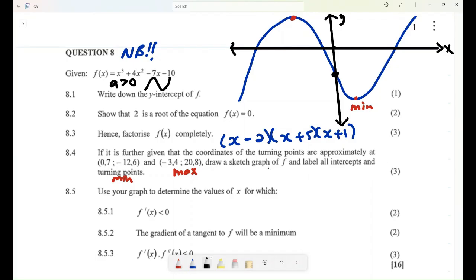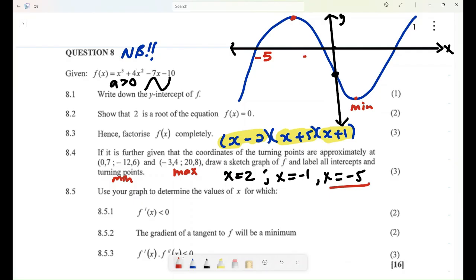Now that I have sketched this, I can now be in a position of placing. Remember, I can set this equal to 0, this equal to 0, this equal to 0. So do you all agree with me that my critical values or my x-intercepts, when I equate this to 0, is going to be x equals 2, x equals -1, x equals -5. So you agree with me that here it is the -5 part, right?